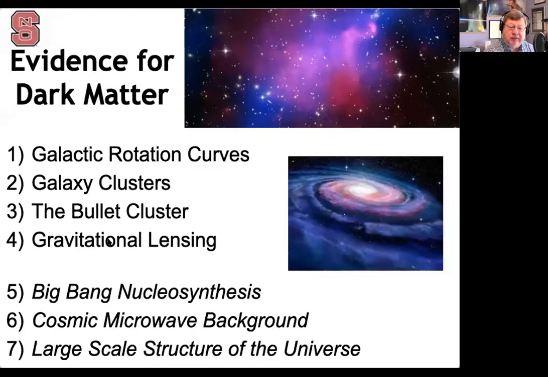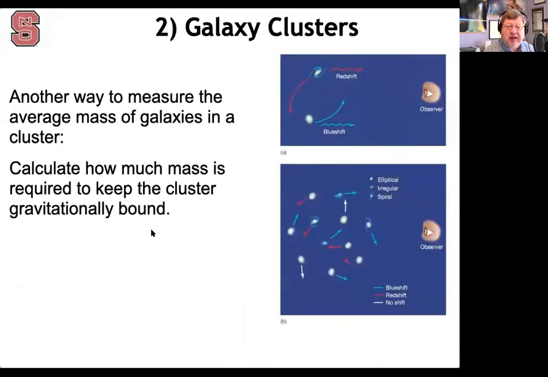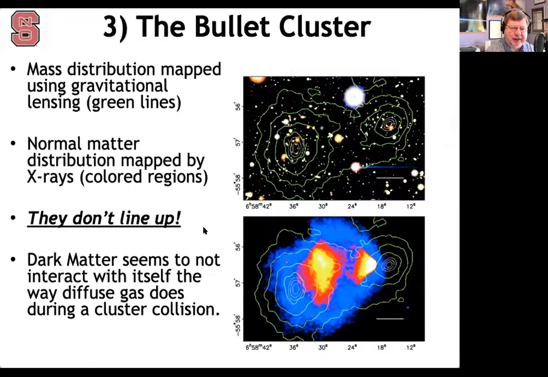So those are the 4 lines of evidence. Galactic rotation curve: 3 to 10 times the mass of the galaxy would have to be outside the visible part to reproduce the observed curve. The galaxy clusters are moving much too fast to exist if they didn't have dark matter to bind them together.